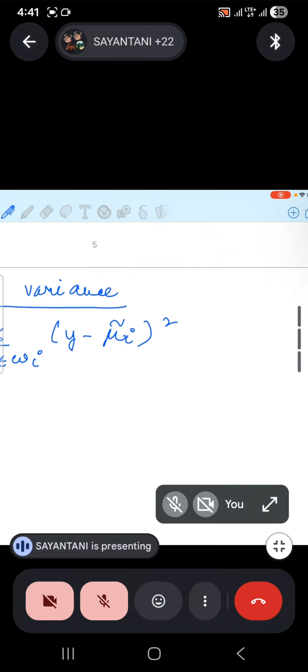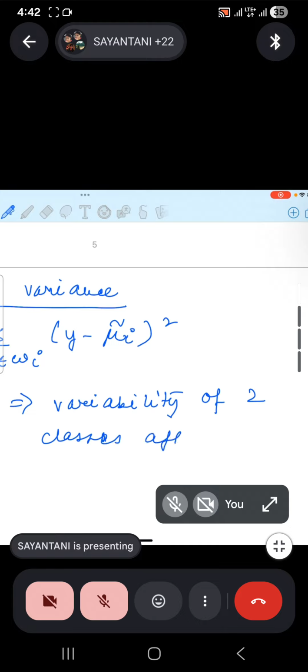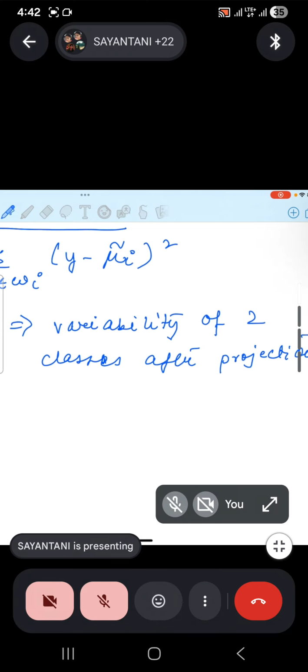If I'm just considering two classes, we will simply have S1 tilde square plus S2 tilde square, which is the variability of the two classes after projection.